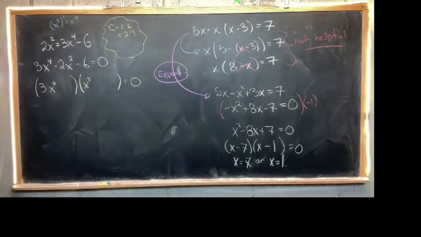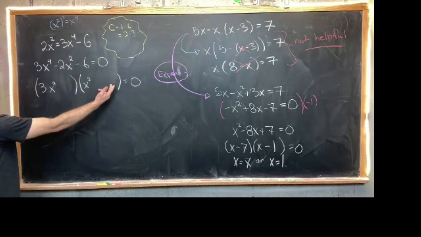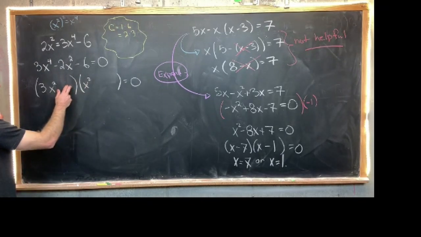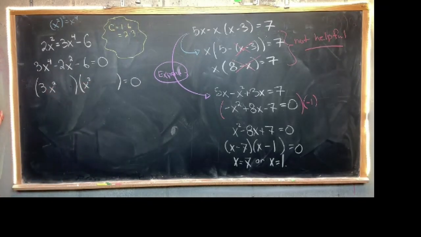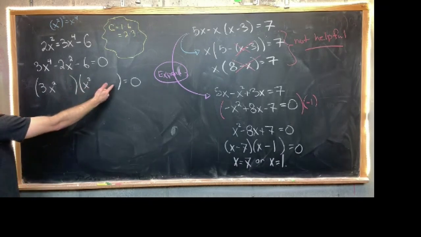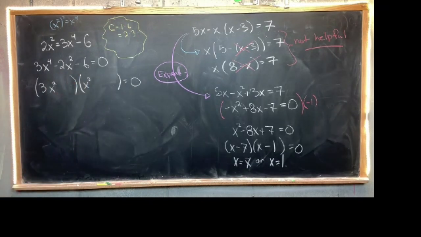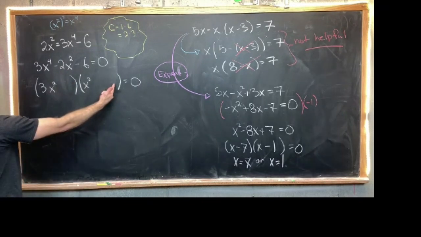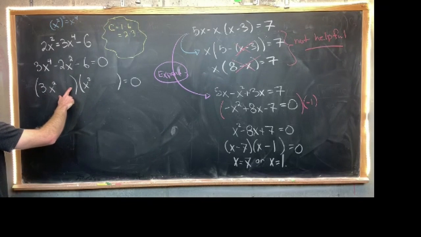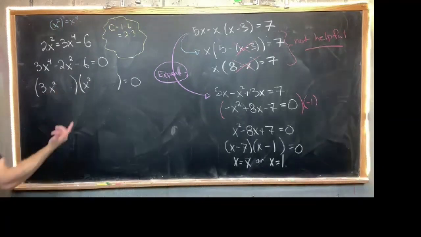And let's see if any of those work to get us a 2 here. If we put 6 here and 1 here, that's not going to work because we're going to have 18. That's way too big. If we put 1 here and 6 here, that's not going to work because we're going to have something like 3. Now what if we put a 2 here? That's going to be 6, and then a 3 here. That's not going to work.